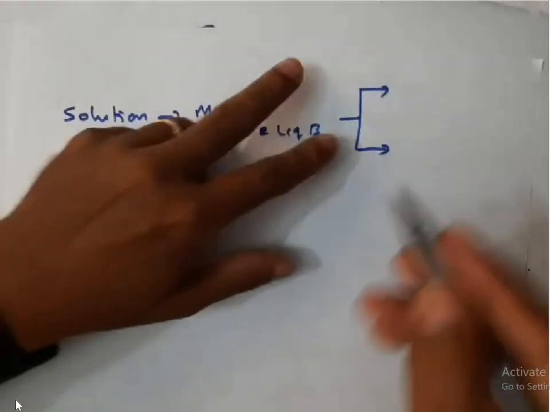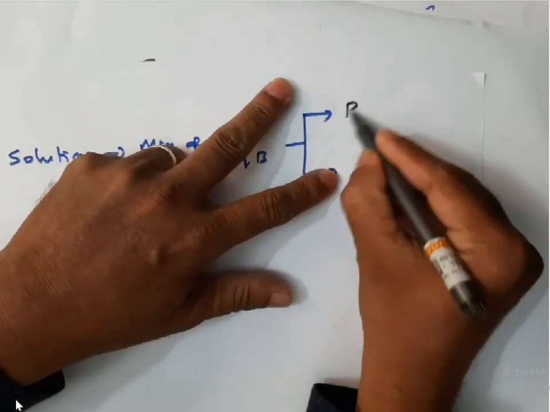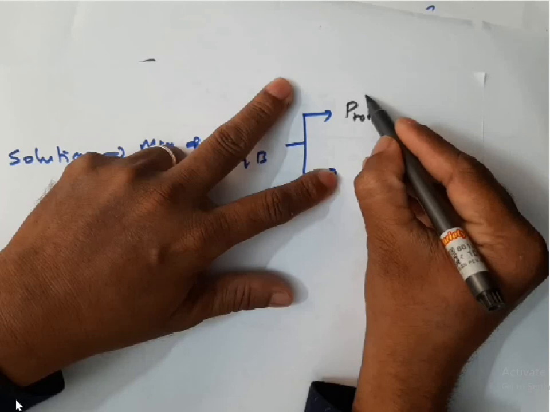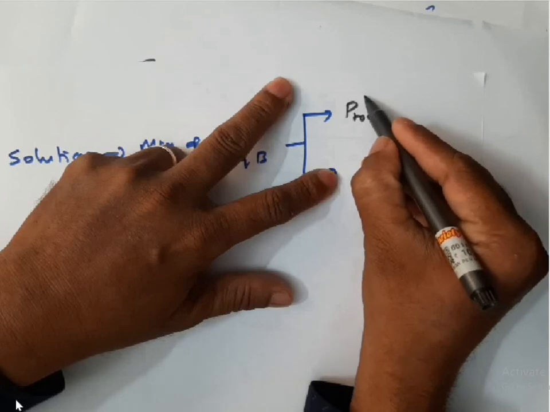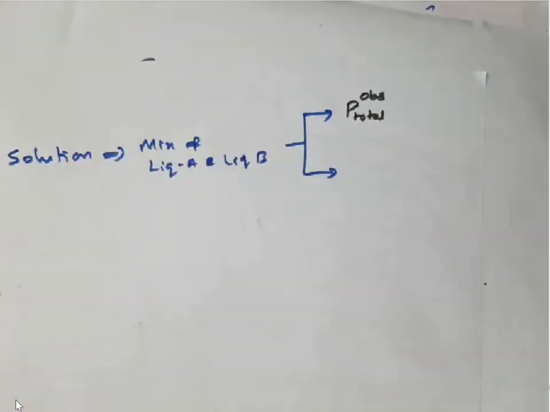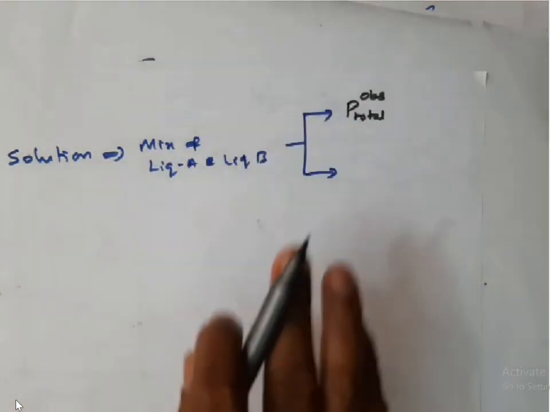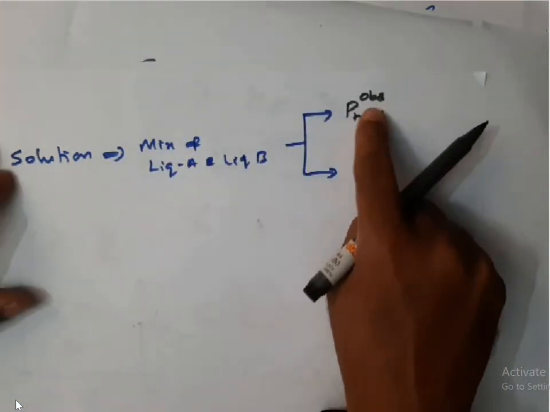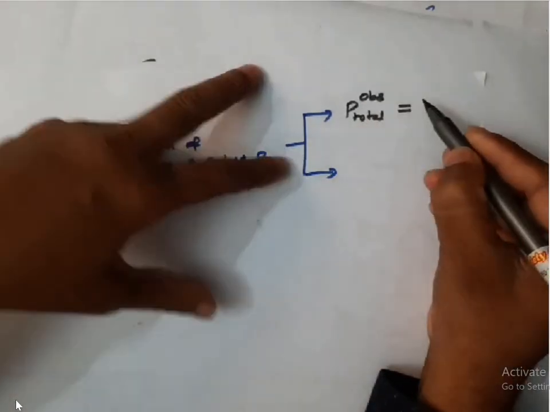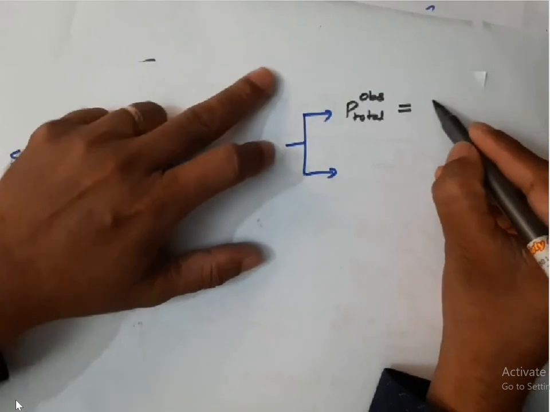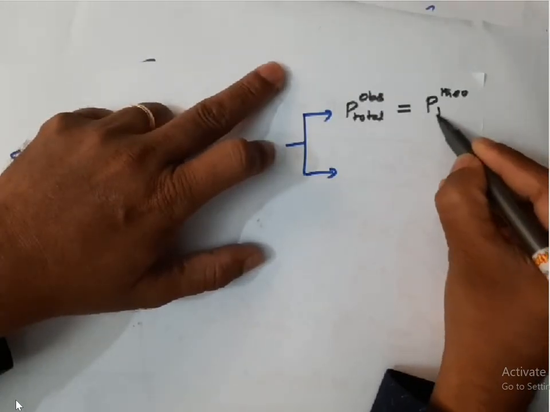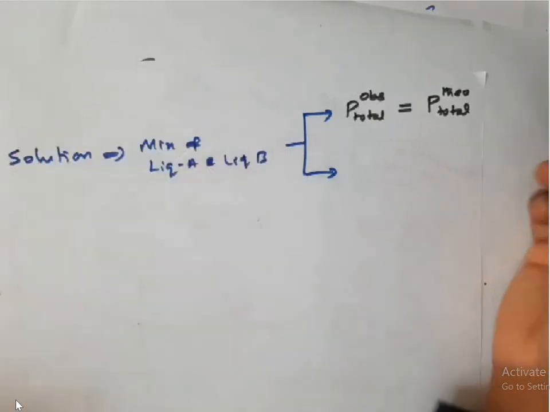If the experimental total pressure, let me take this as experimental or observed, I'll put OBS, observed, also called experimental, if it is exactly the same or roughly the same, equal to the theoretical total pressure that is calculated.